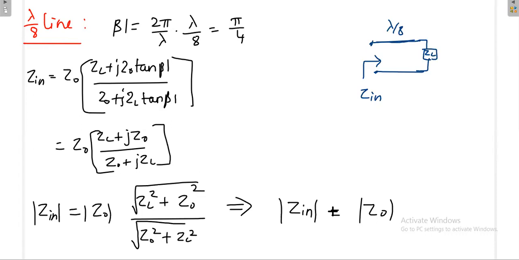From this, the magnitude of the input impedance of the line is the same as the magnitude of Z0. What is the conclusion?